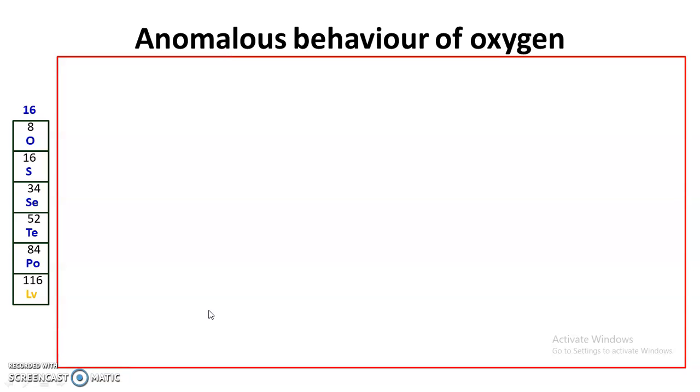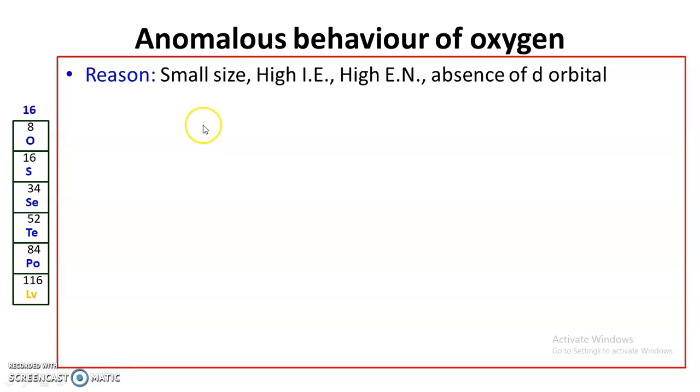Now the next point is anomalous behavior of oxygen. In group 16, the elements are oxygen, sulfur, selenium, tellurium, polonium and livermorium. Oxygen shows different properties. Some of the properties of oxygen are different from the rest of the elements. This is called anomalous behavior of oxygen, and the reason for this anomalous behavior is that oxygen has too small a size as compared to other elements.